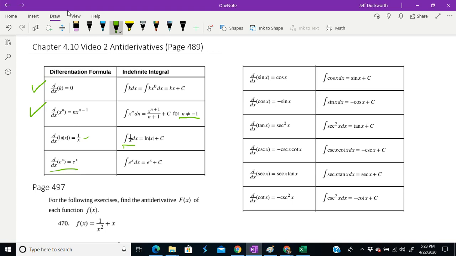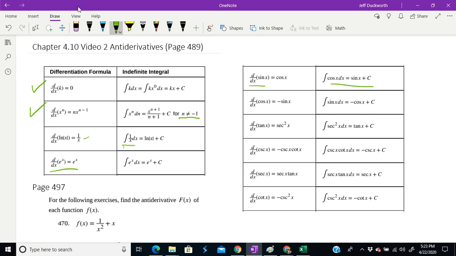So our trigonometric functions are over on the right. The derivative of sine is cosine, so the integral of cosine will be sine, and then plus some c.